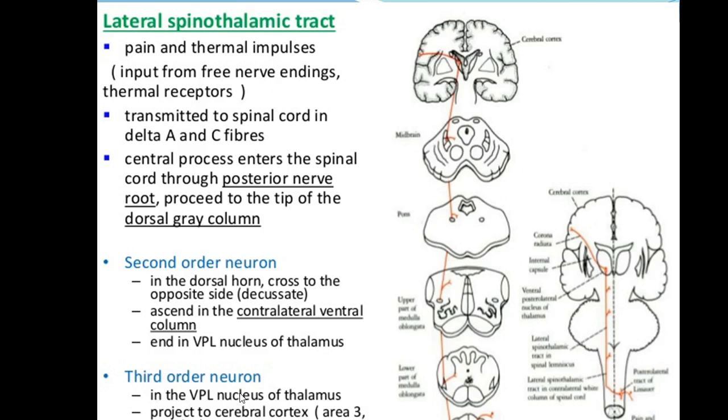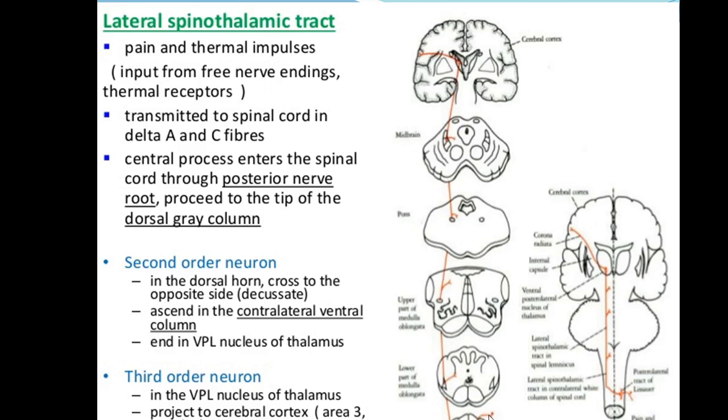The third order neurons arise in the ventral posterolateral nucleus of the thalamus, and they project to the cerebral cortex. So here you can see the pain and temperature fibers from the free nerve endings and thermal receptors.